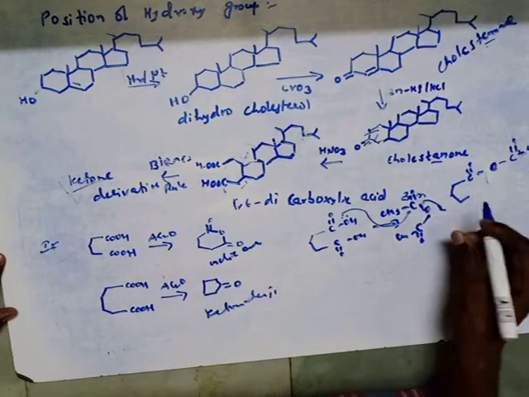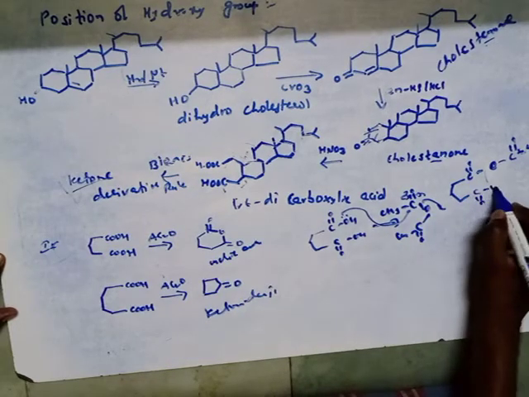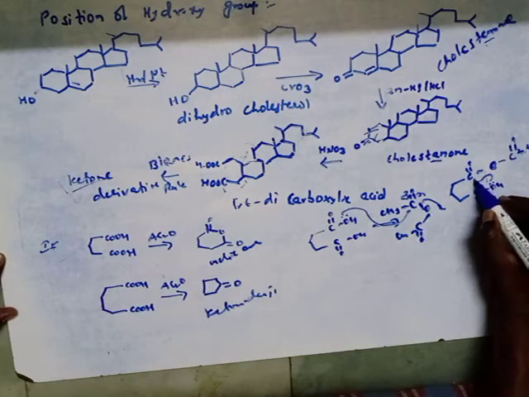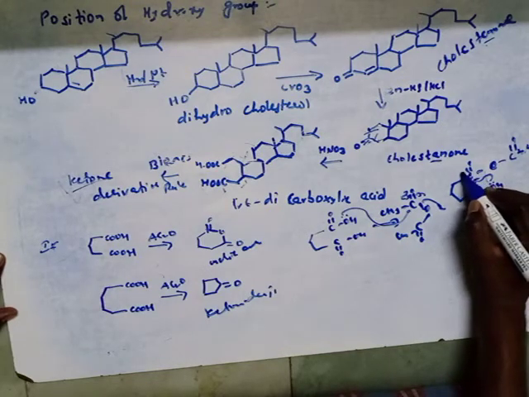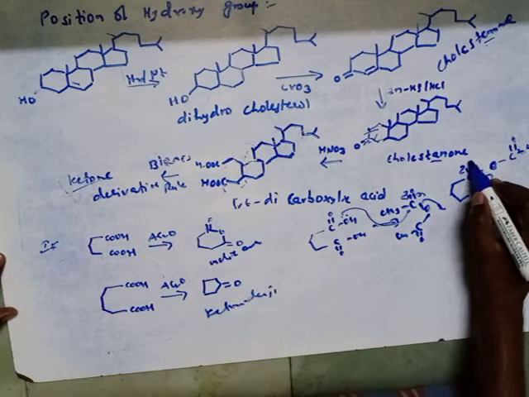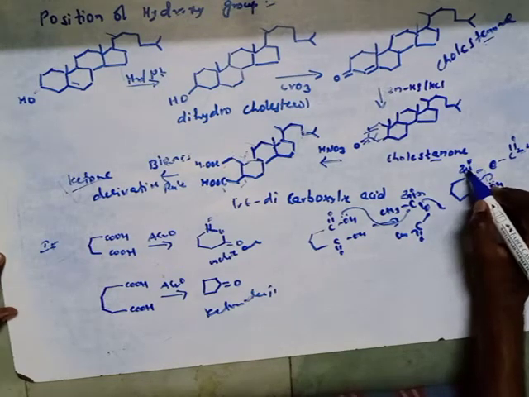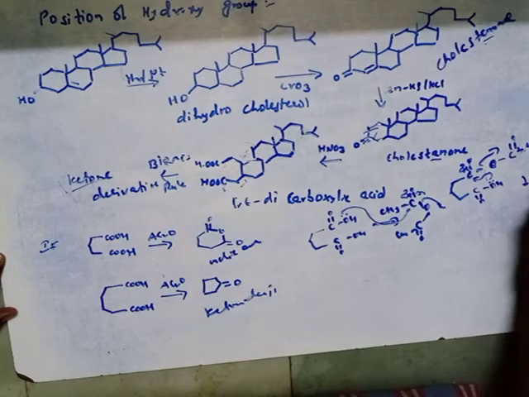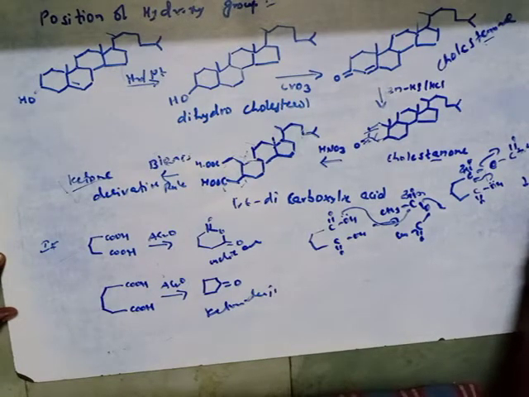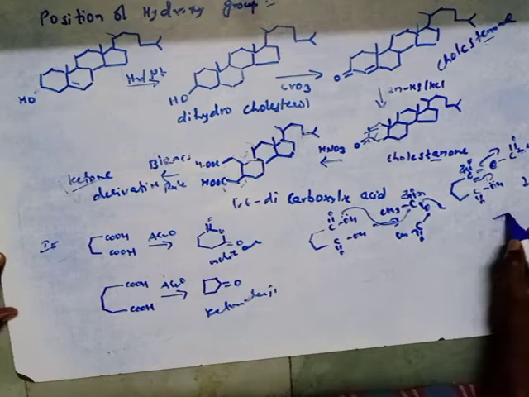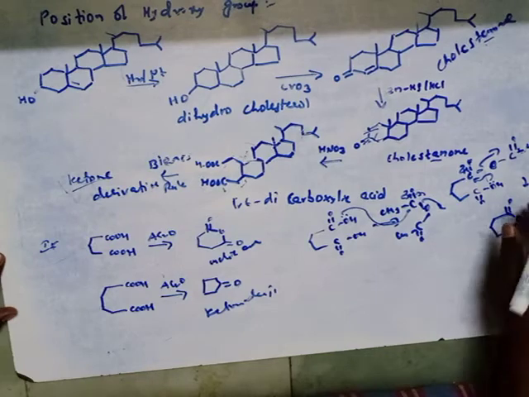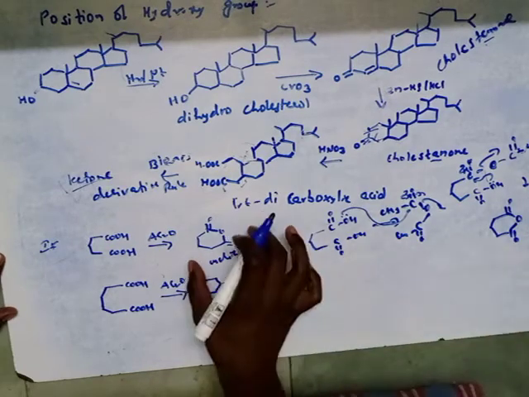Next this C double bond O and OH. Here the double bond O moves to this carbon atom and goes to oxygen, so removal of this takes place to form CH3COOH. Acetic acid will be removed. Directly we can form C double bond O here and O here, C double bond O. So this is a cyclic anhydride.